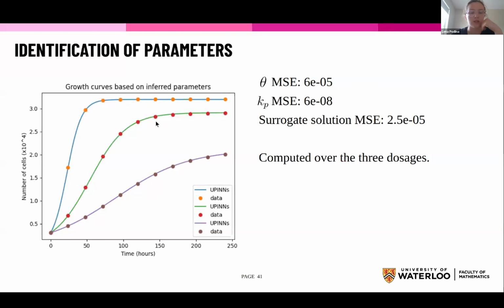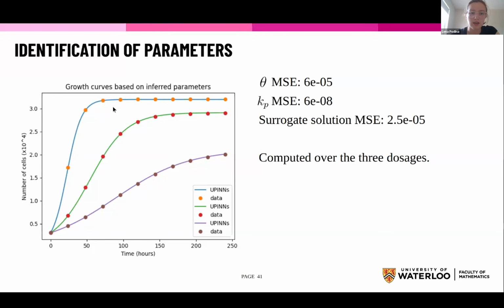And what we did is we took those estimates and then integrated the resulting ODE to see how well it matches the data. Because it's one thing if the surrogate solution matches the data, but it's possible that the surrogate solution matches, but the estimates in fact don't.